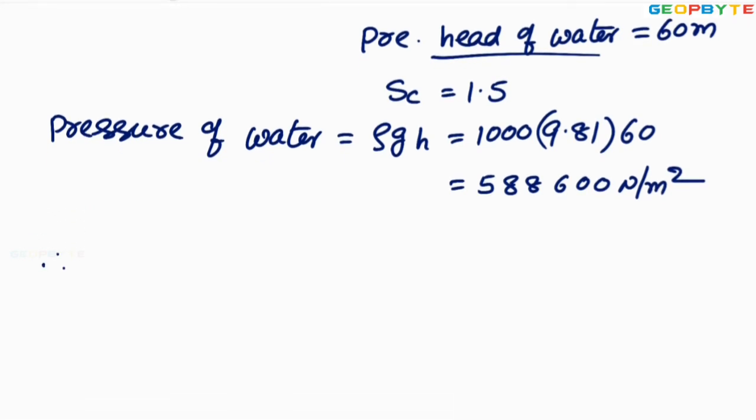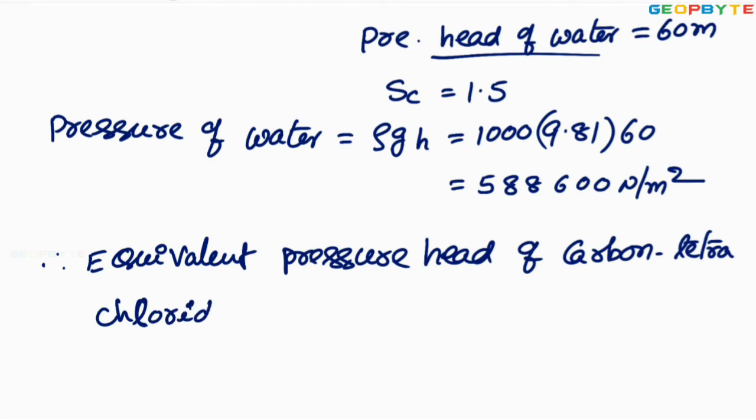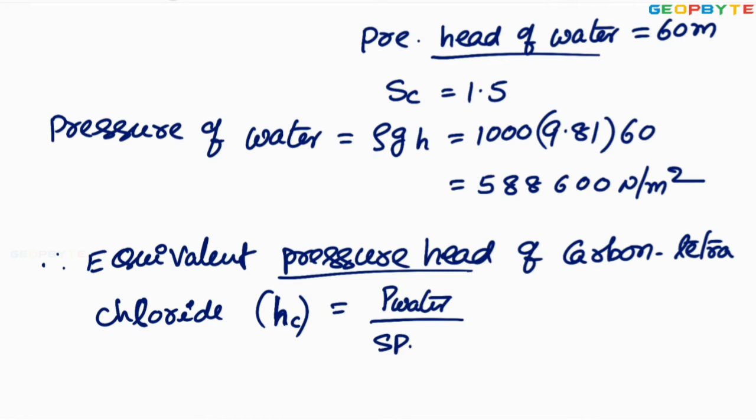Therefore, the equivalent pressure head of carbon tetrachloride, h_c, is equal to the pressure of the water divided by the specific weight of carbon tetrachloride.